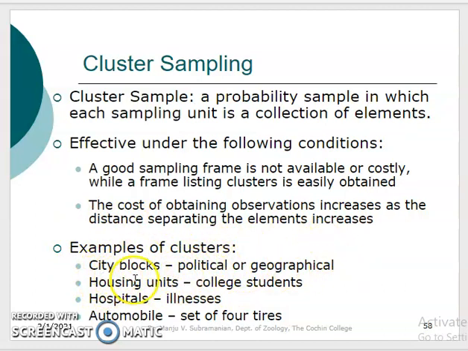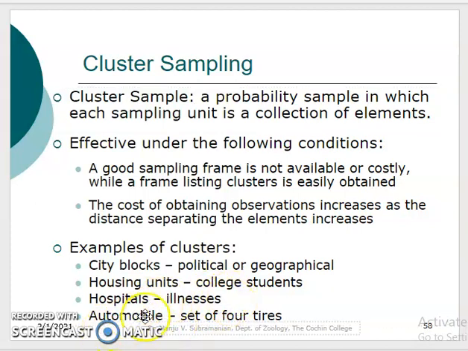Then the housing units, you might have noticed there are different residential associations, and from that you can choose the college students. Then there are different hospitals, and these hospitals are considered as the clusters, and from that you can choose a different type of illness. So those are the samples that you are taking.